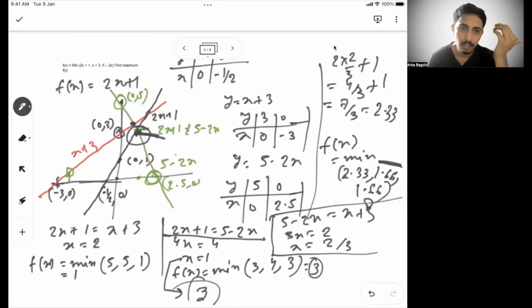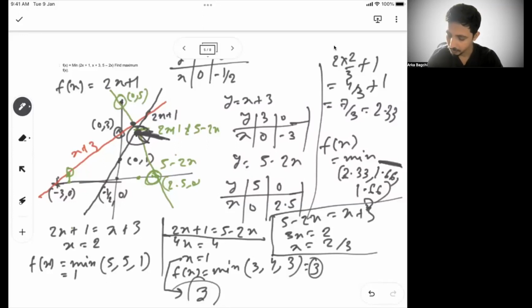So when I do a minimum function, I will still get this junction, the point where x is 1 and y is 3, and y is your maximum of f(x). That's how you can do it. So if there are more than two entities, you just equate and see where you get the maximum, and this is further validated by the graph.